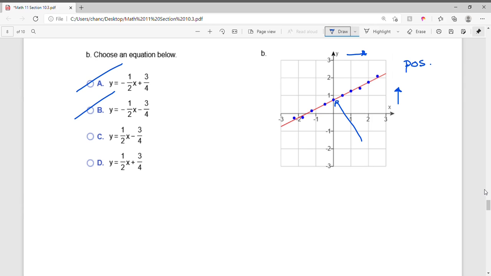The y-intercept is very close to 3/4. The y-intercept is (0, 3/4). So the only option here that I see is option D. We have y equals 1/2 x plus 3/4 is the equation of this trend line. So eliminate the possible choices by looking at the slope and then looking at the y-intercept.